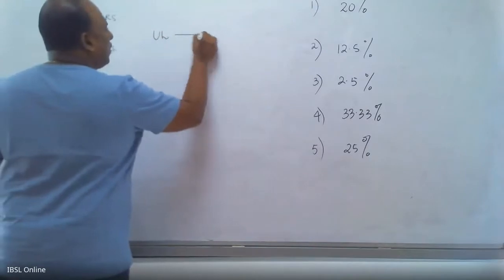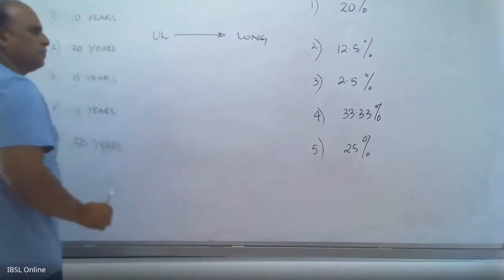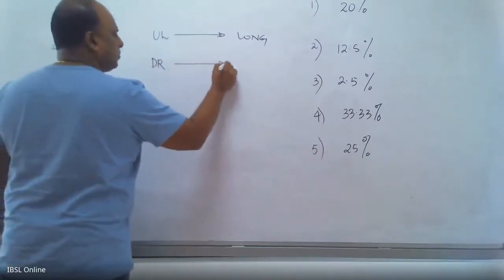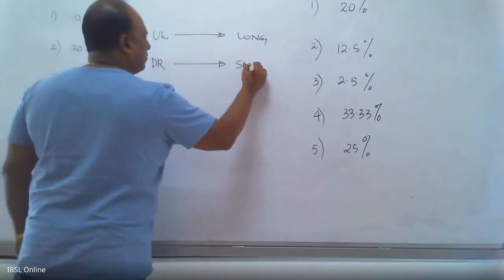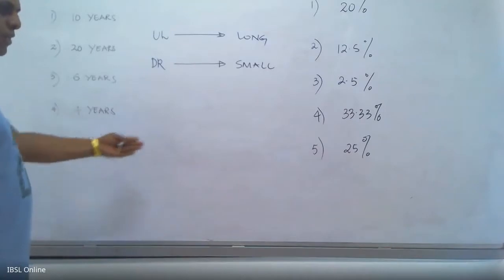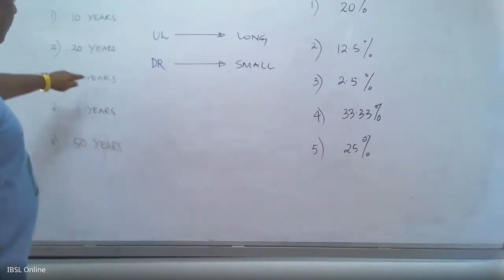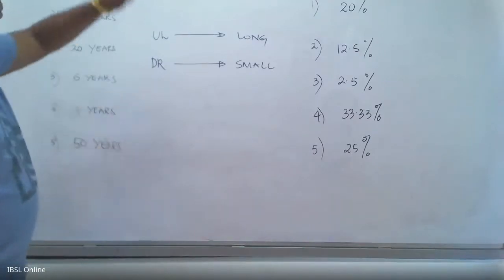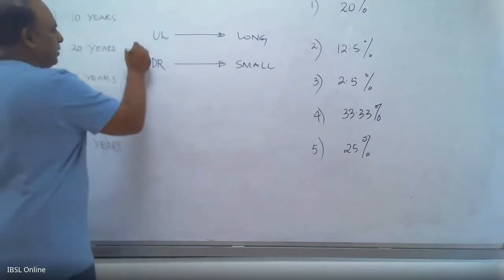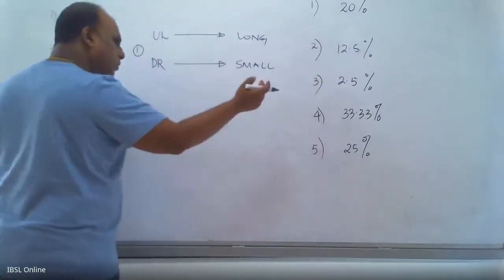When the useful life is long, the depreciation rate becomes very small. You see? When you say 50 years, the answer you got was 2%. But when you say 4 years, you got 25%. So you have to remember, when the useful life is too long, the depreciation rate will be very small.